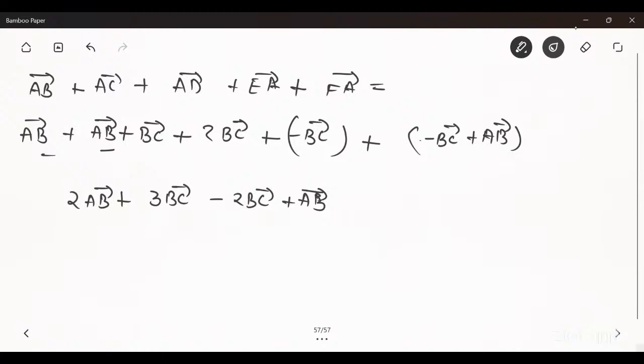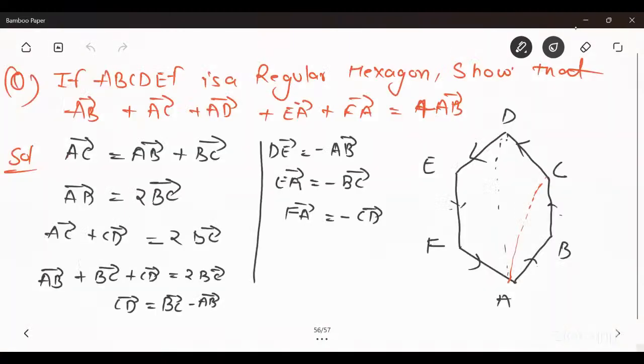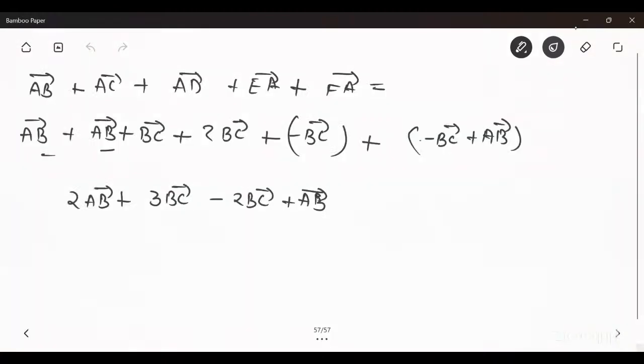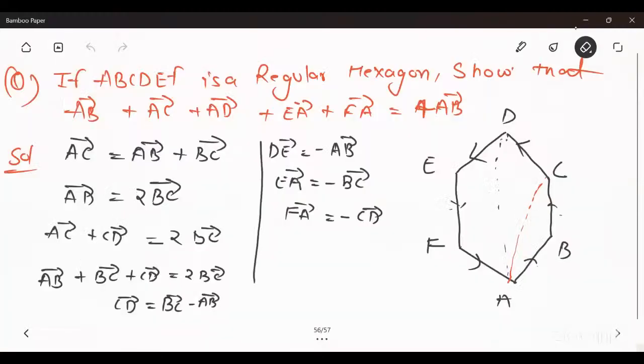I think this will be CD vector. The question is a misprint in the book. AD equal to CD, that means BC minus AB. Yes, in the book there will be a misprint. This will not become AD, this will become CD vector.